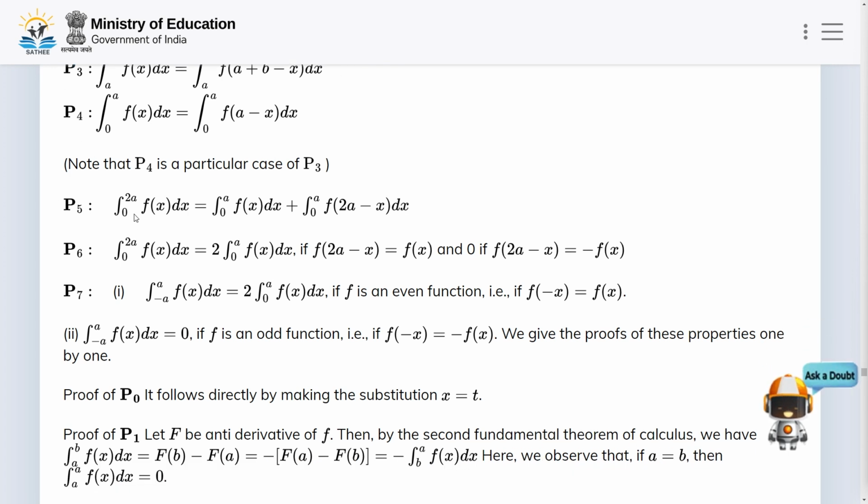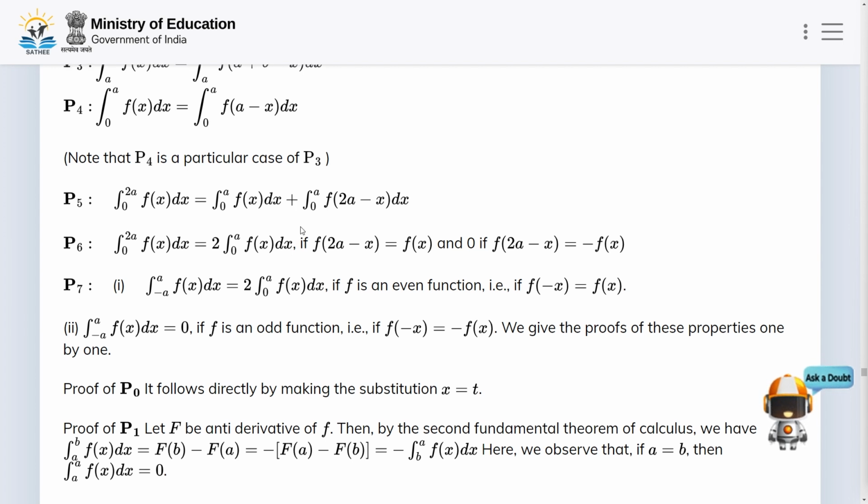Now the P5 property: the definite integral 0 to 2a of f(x) dx can be rewritten as the definite integral 0 to a of f(x) dx plus the definite integral 0 to a of f(2a minus x) dx. Clear?